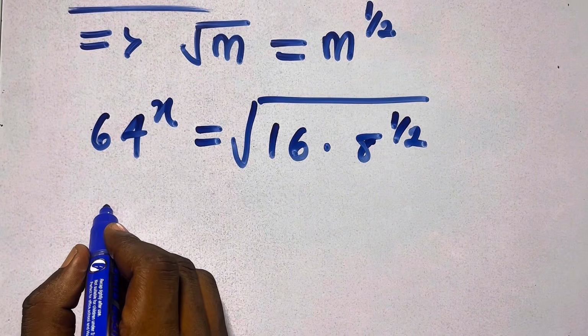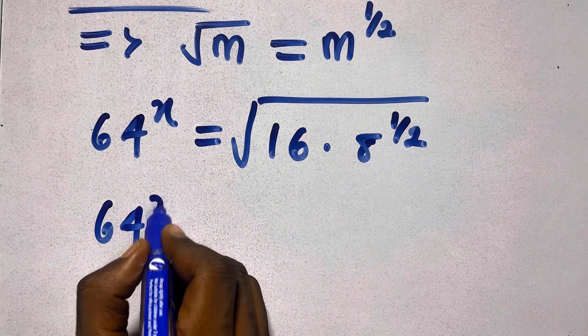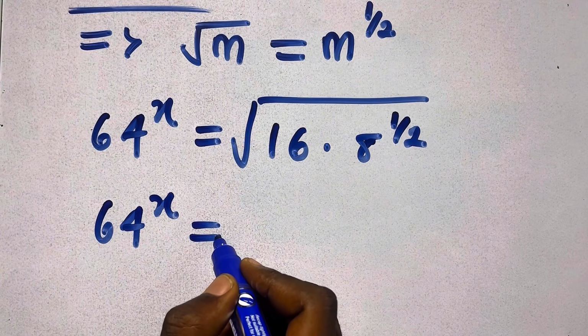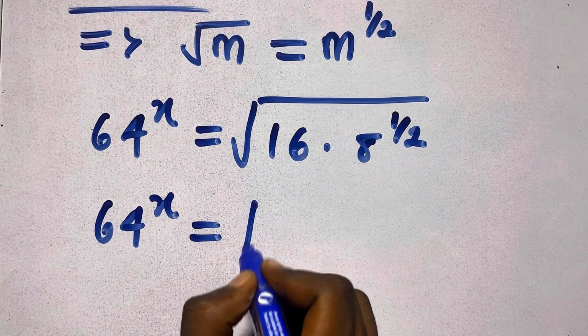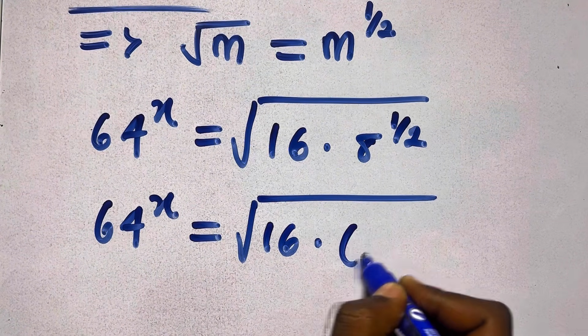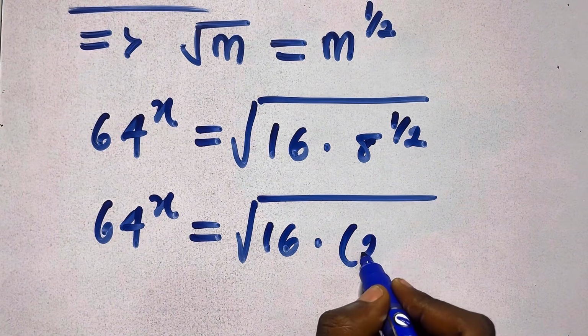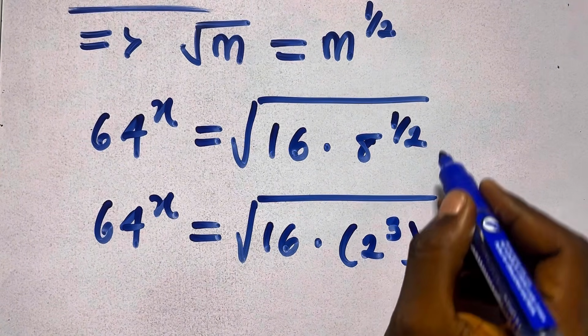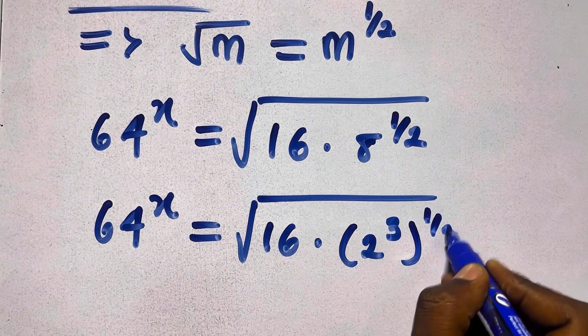We can express 8 as the power of 2: 2 raised to power 3, and don't forget we have 1 over 2 here as well.